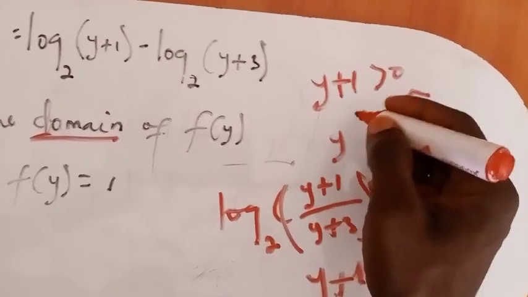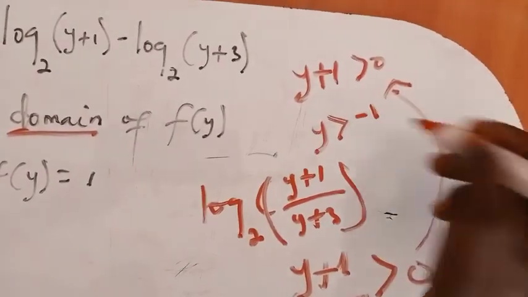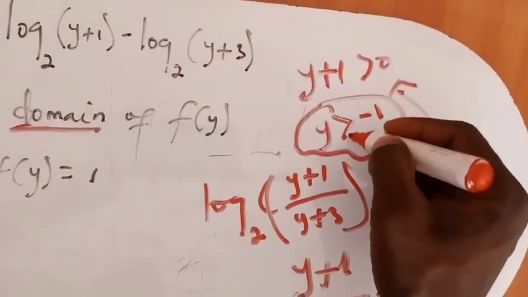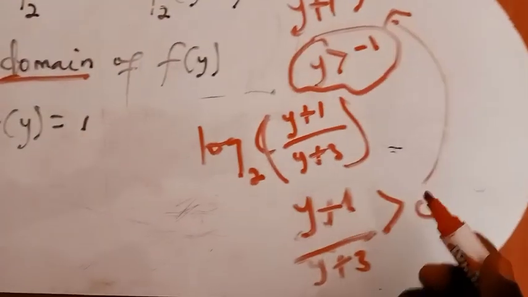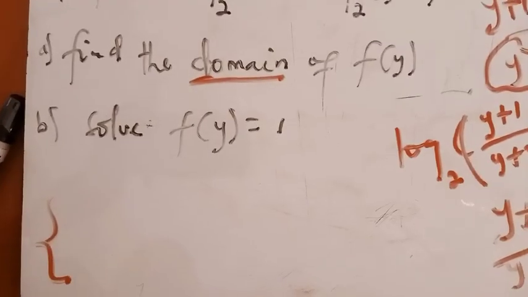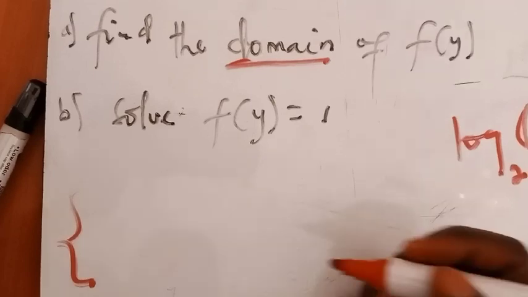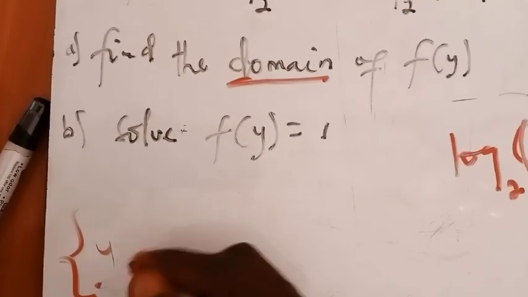That's going to be subtract 1 from both sides of the inequality. Then we have this one to be negative 1, right? So this is the values of y: y greater than negative 1. Once you have y greater than negative 1, it means that everything is going to be greater than 0. Right, so now pay very close attention. This is how you are going to write the domain using set notation. A set is a group of people, right? So a group of people that we are dealing with. Which people are we looking for?